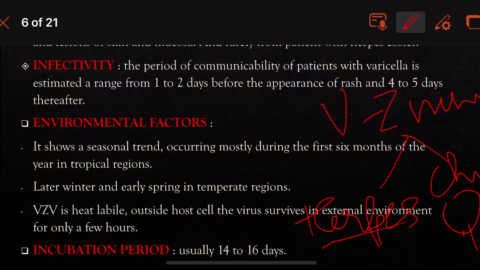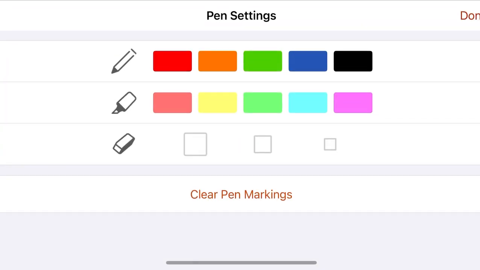So the person with chickenpox rarely gets affected from herpes. He usually gets the infection from the nasopharyngeal secretions of another person. And we will see further in the next slide.